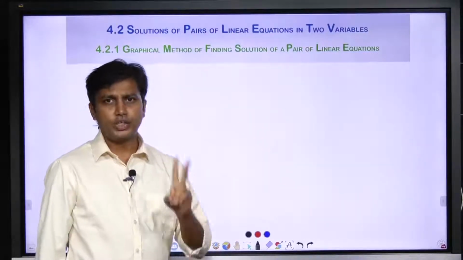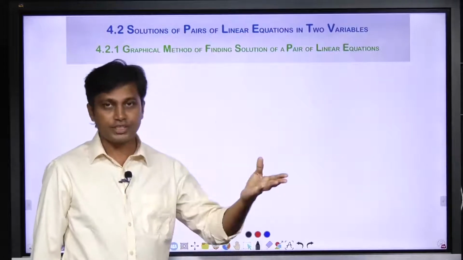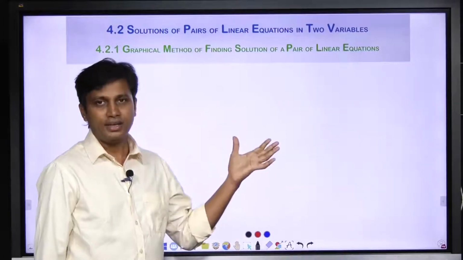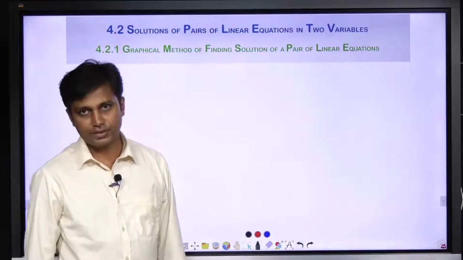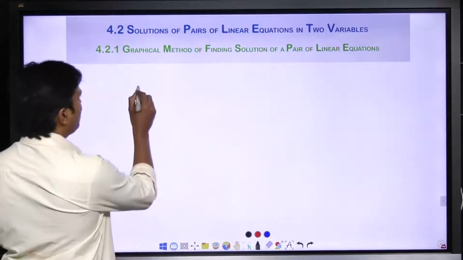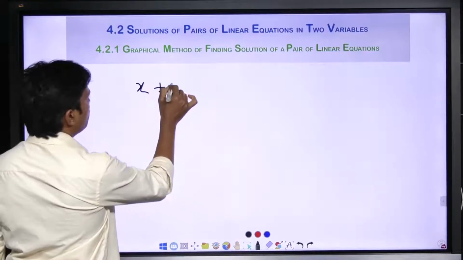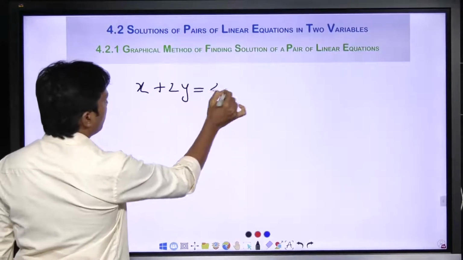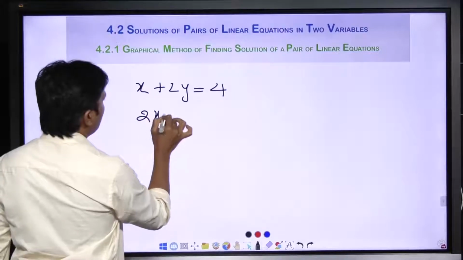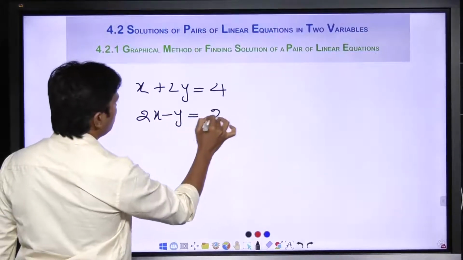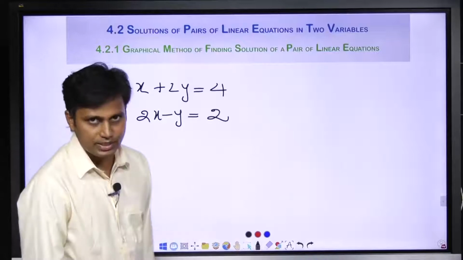Pairs means what? Two equations or more than two equations also we can consider, but here we will start from two equations. So say for example, I will take two equations. Here also I will write very simple ones, x plus 2y equal to 4 and 2x minus y equal to 2, right? I took two equations.